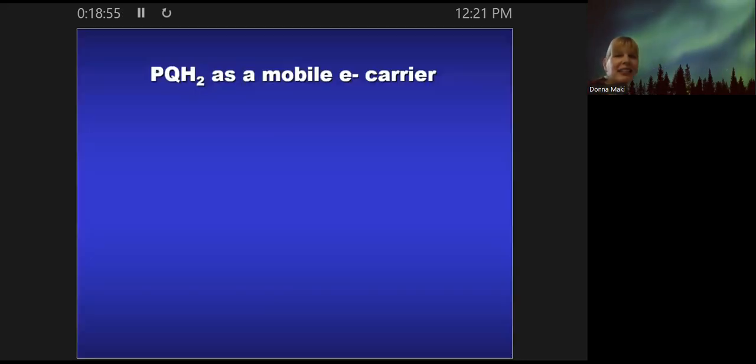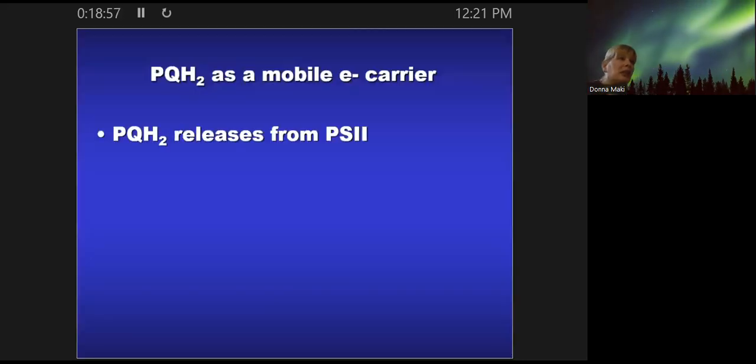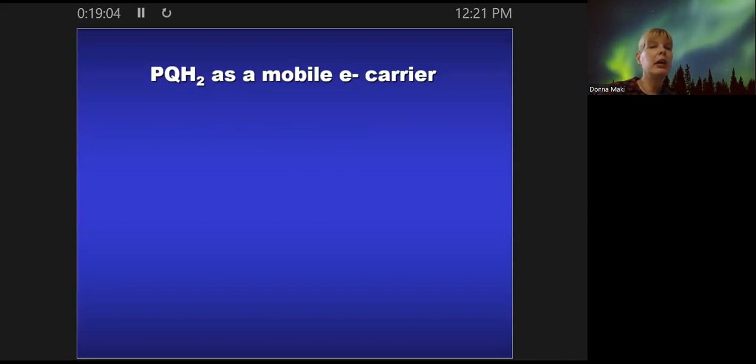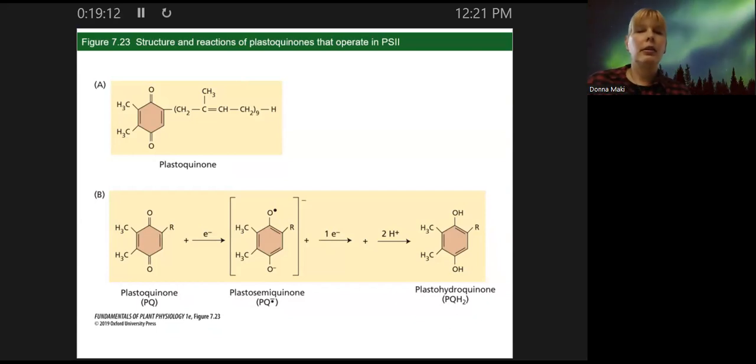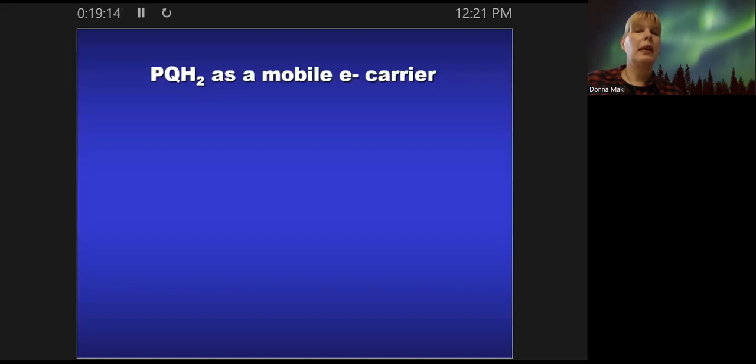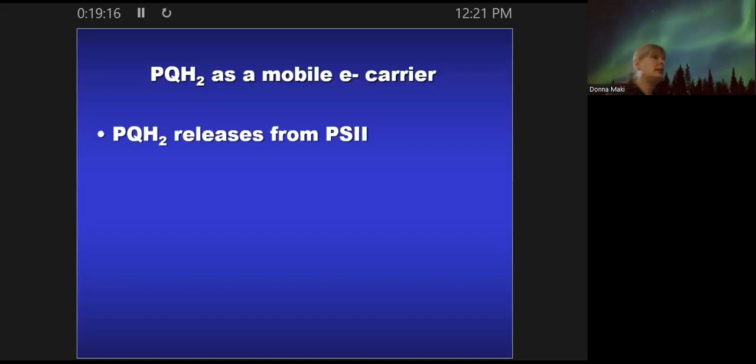So here, we're going to see that PQH2 is very important as a mobile carrier. It's a small molecule. What we just saw on the previous slide, it's not very big. So it's easily mobile in the thylakoid membrane. So it actually disassociates off of photosystem 2 and it starts to move laterally through the hydrophobic portion of the thylakoid membrane.